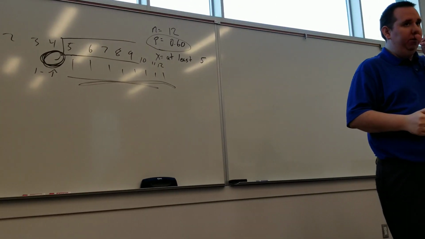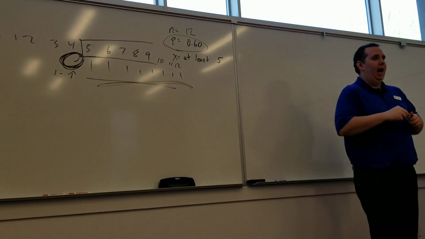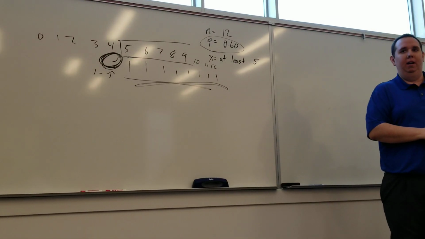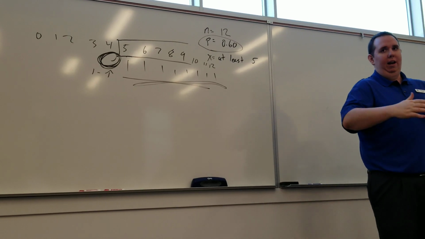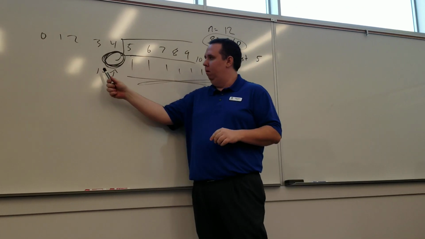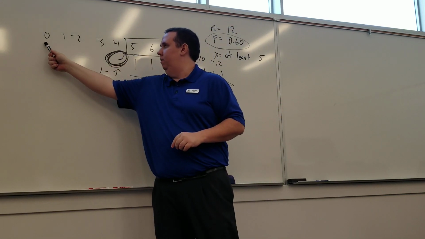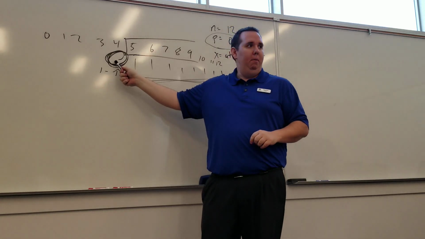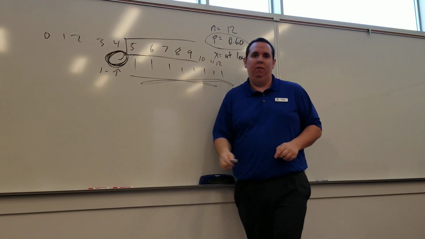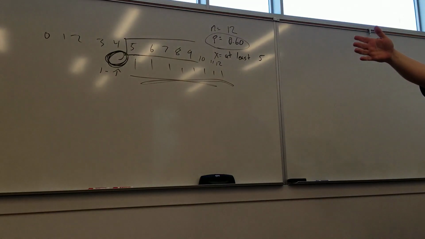But if she gives you a situation where she wants to know the probability of at least 5 of the 2,000 flights today arriving on time, that's a lot of adding up to do, right? So we look up the cumulative table at 4, which is 0 through 4 added up, all of their probabilities. And then we can just subtract that from 1, and that gives us the other side.